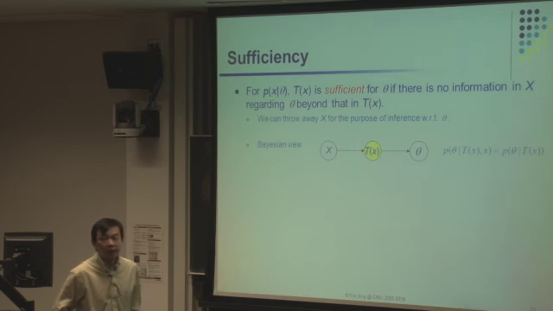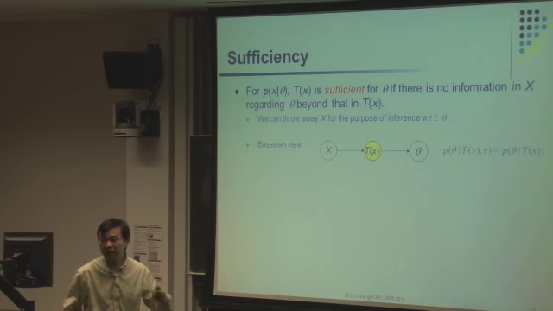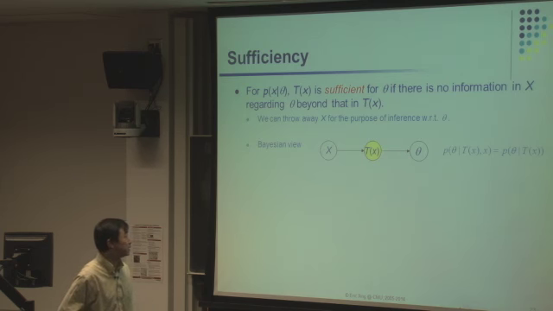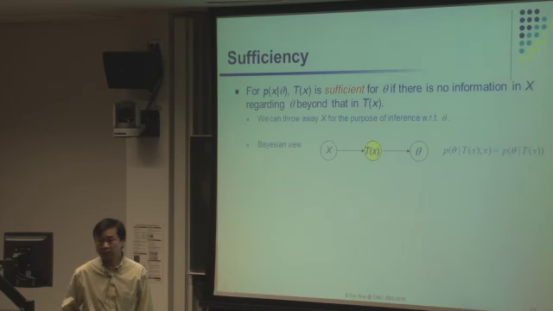There are different ways of illustrating the relationship between the parameter, the data, and the sufficient statistic, but they all give you the same conclusion at the end of the day, which is the following. From a Bayesian perspective, you want to estimate your parameter, and your parameter is going to be driven by the sufficient statistic.